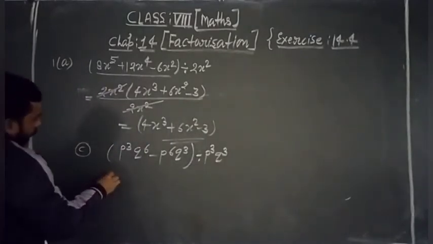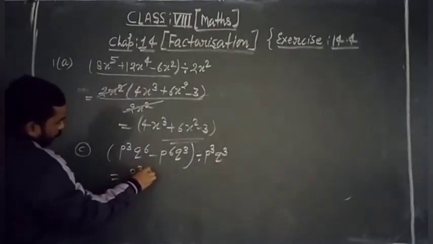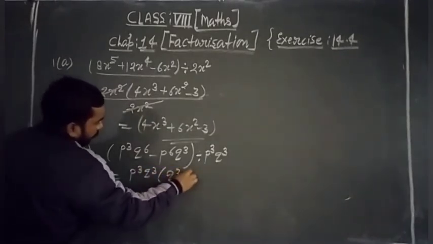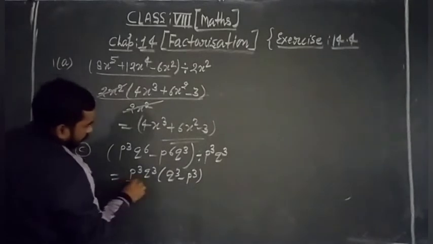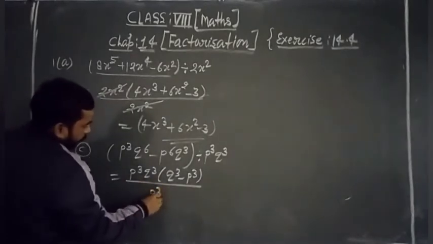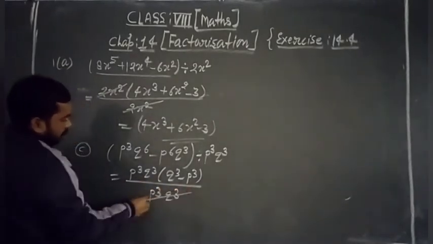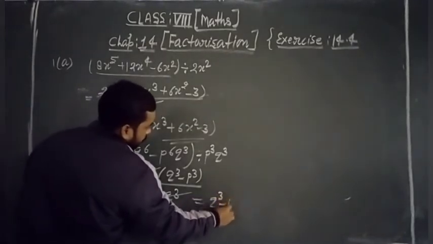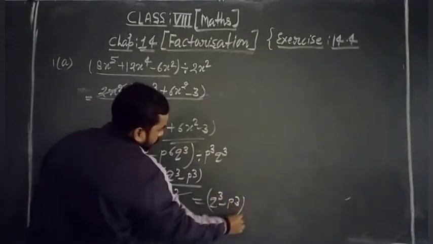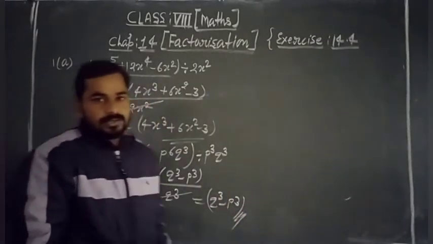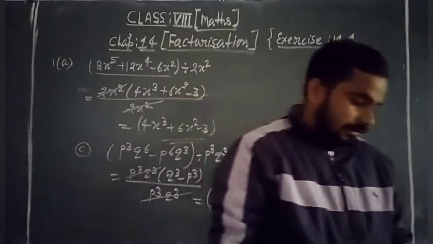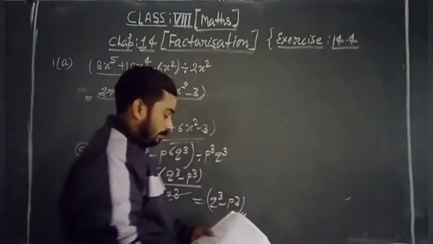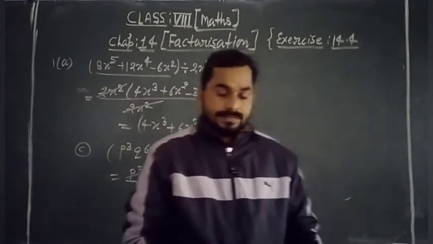So take common p to the power 3 and q to the power 3, divided by p to the power 3 q to the power 3. This value divided by this value, so we have q to the power 3 minus p to the power 3. This is your answer. Now take the E part. You have to solve by the same process.